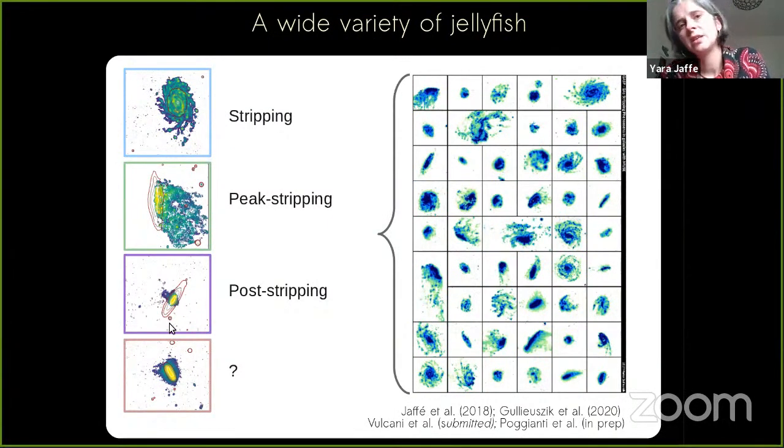And we have these truncated profiles or post-stripping cases where the stellar disk, which is these red contours here, has already been stripped of the gas, and you only have a little bit of gas here shown in the color bar. And then we have some cases where we don't really know what's happening, that seem to have some kind of multi-directional effect changing this galaxy's appearance, okay?